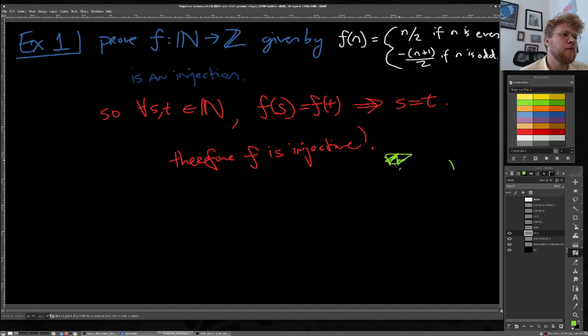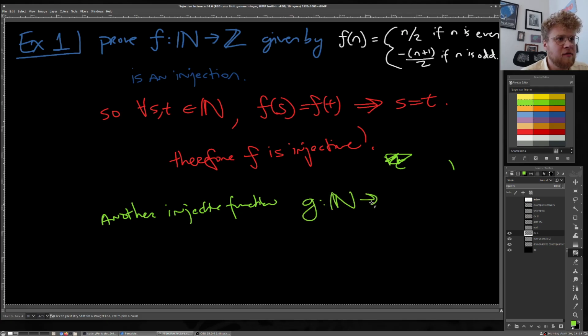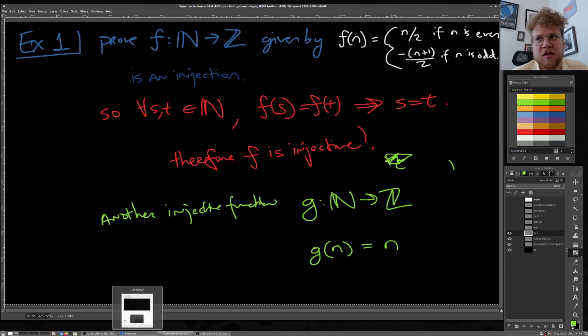That is the end of our proof, but just as an observation, another choice of an injective function, maybe we'll call it g from N to Z. Since the natural numbers are a subset of the integers, g of n equals n is also going to be an injective function, and the proof of that is basically one line.